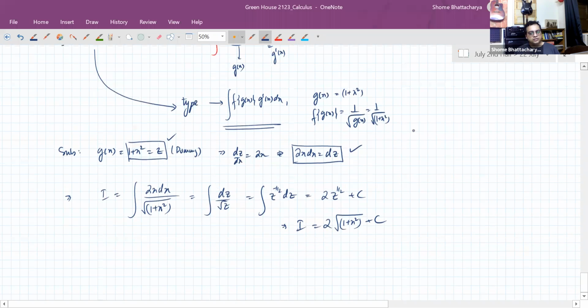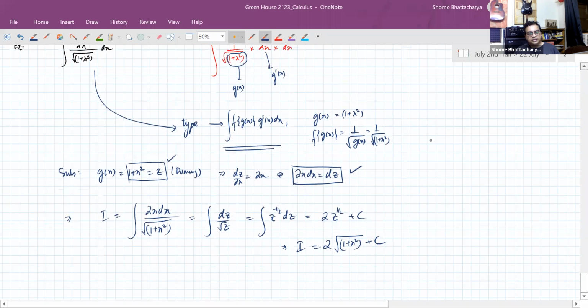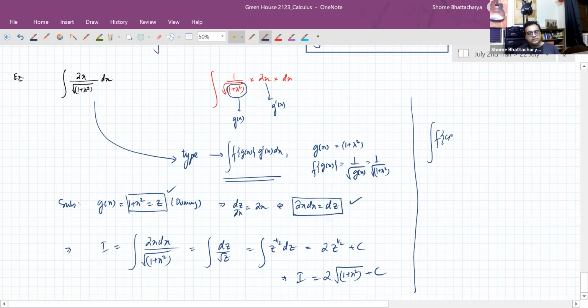You can see that what we had discussed, that integration of f of g(x) into g'(x) dx is nothing but I of g(x).